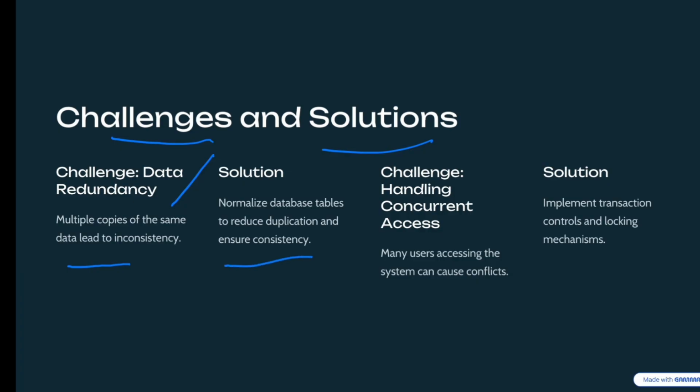This is the solution for data redundancy. Another challenge is handling concurrent access. Many users accessing the system can cause conflicts. Solution: implement transaction control and locking mechanisms. These are the challenges and solutions for the student database management system.